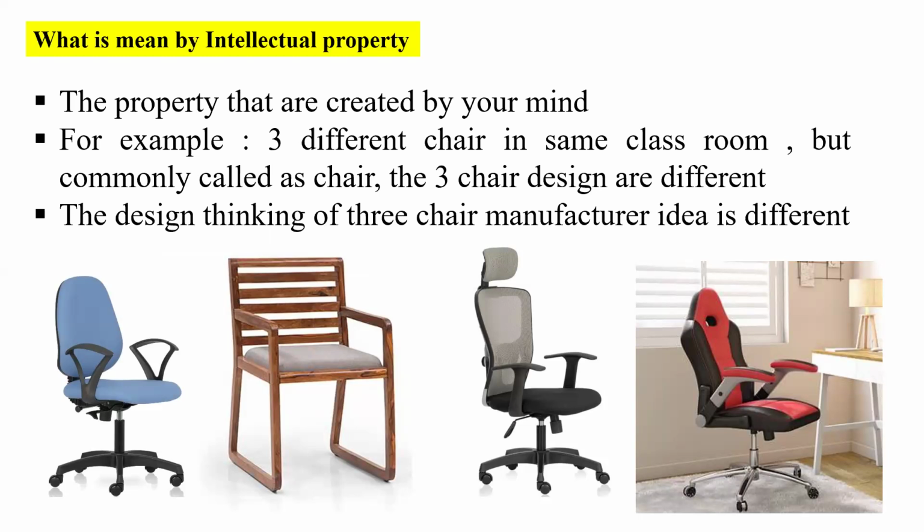We normally call all these by the name chairs, right? But three chair designs are different. The design thinking of the three manufacturers is different, not the same. When they create a new design, they design it, fabricate it, and check the comfort of these chairs and other details.